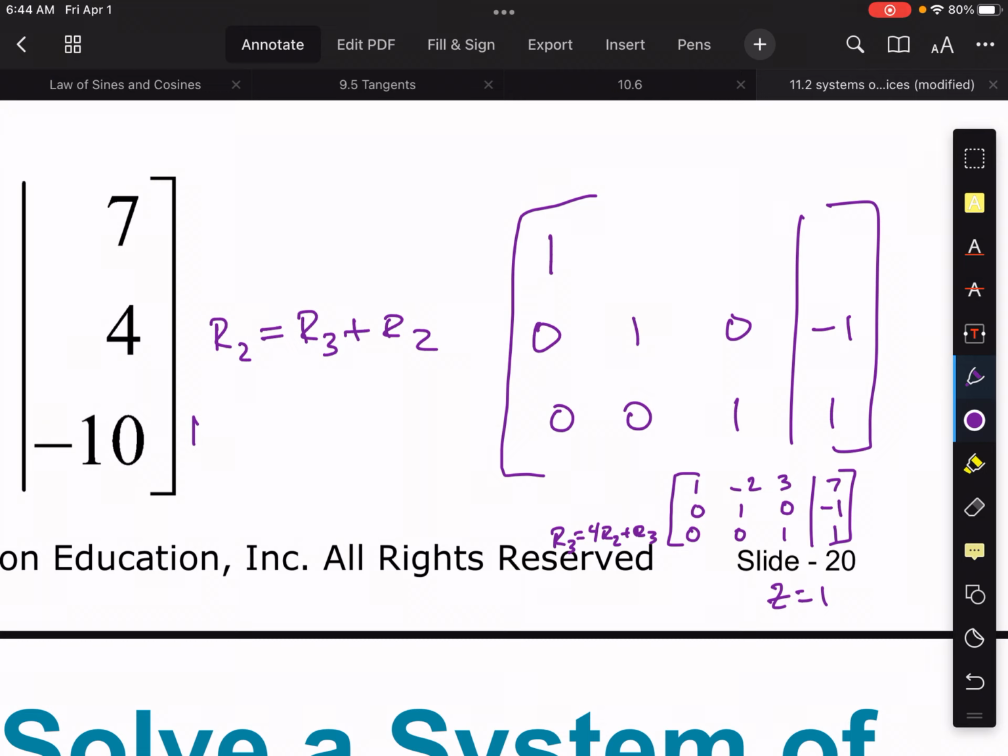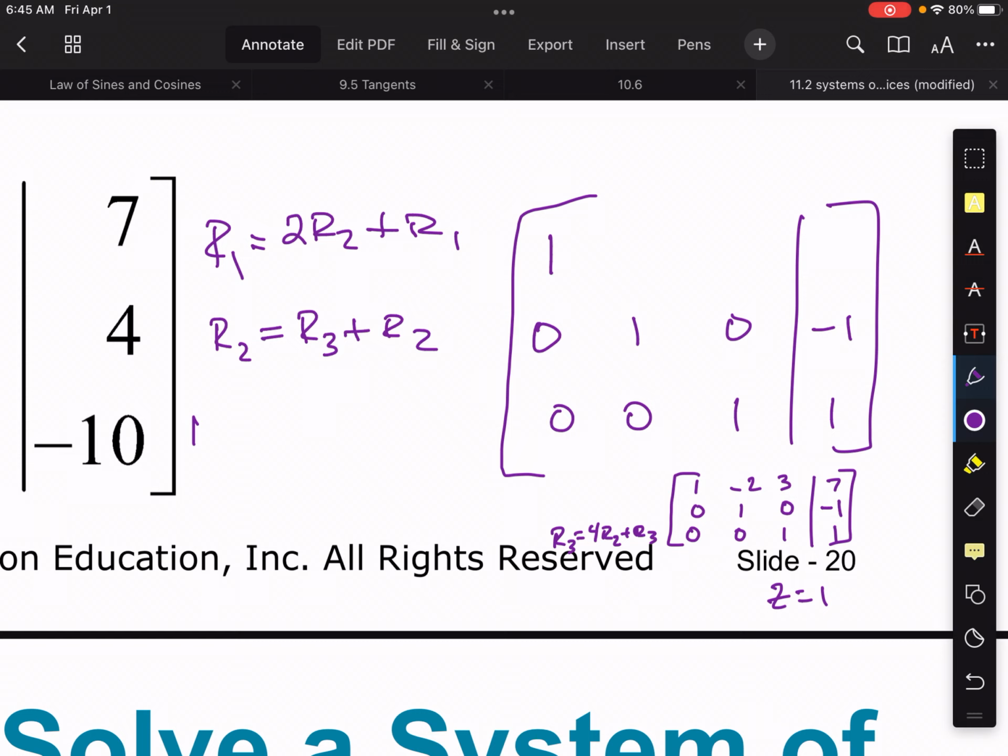But if I multiply row 2 or row 3, and I'm going to go with row 3 here, I think. If I multiply by row 3 and then add back to row 1, that doesn't help me because that leaves me with that negative 2 still. If I multiplied row 2 by 2 and add back, that may work. Okay, so let's try that. So let's try what happens if row 1 is equal to 2 times row 2 plus row 1.